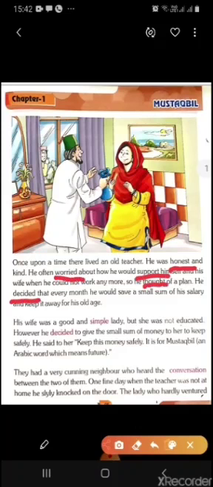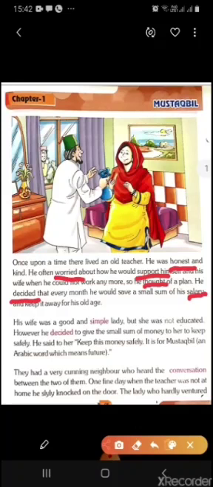Another word is salary. Salary. Now these are some important words that you are required to learn. Let's move on to our second paragraph.